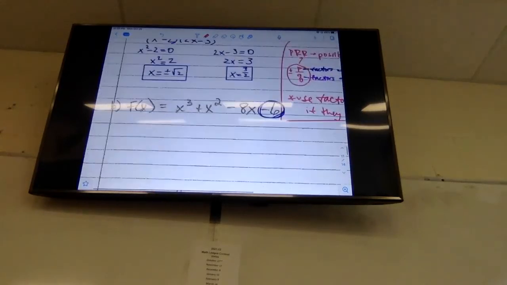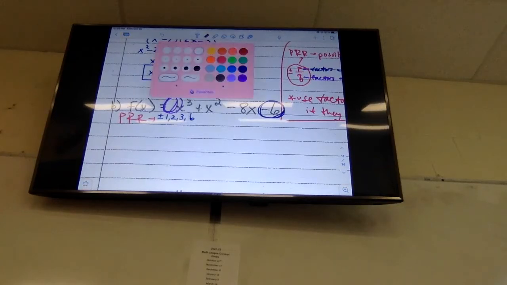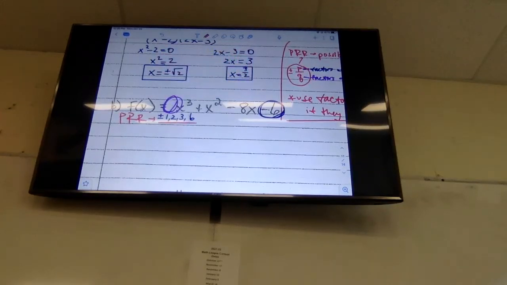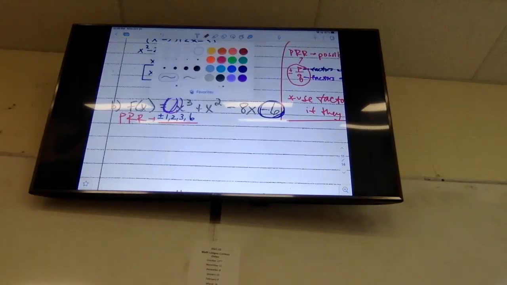So I told you my possible rational roots are going to be my list of the factors of the constant divided by the list of the factors of the leading coefficient. My factors of my constant in this case are going to be 1, 2, 3, and 6. So those are all numbers that multiply to be 6. Divided by the numbers that multiply to be my leading coefficient.